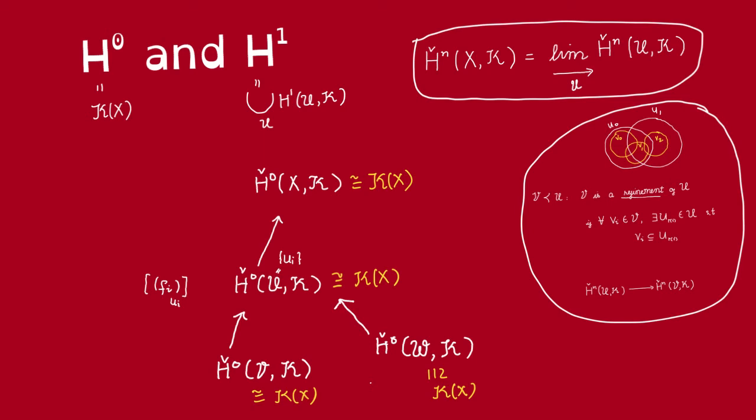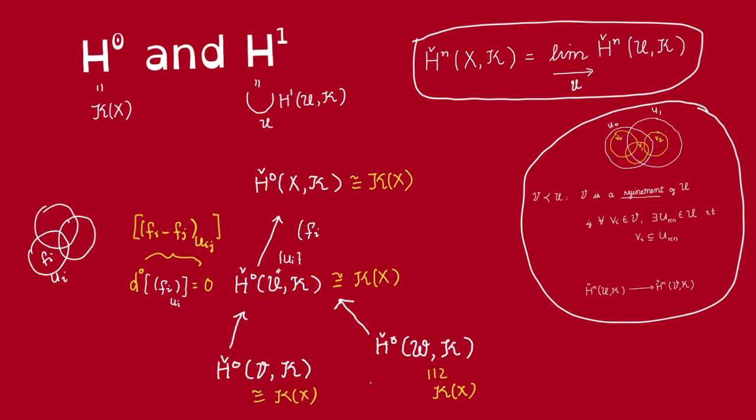Well, it must lie in the kernel of the coboundary map, right? So this should be 0. But if you unpack the definition of this, then this is just saying that these f_i's must be compatible. So we have compatible sections on each U_i of a cover U of X, so they must glue to a unique global section by the sheaf axioms, and thus we have this isomorphism.